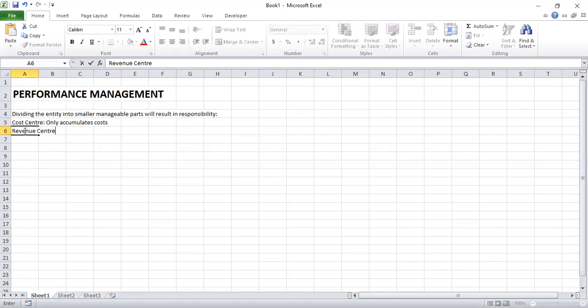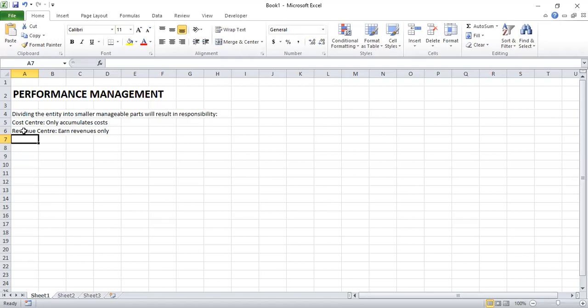Then we've got revenue centers. When we say cost centers, like production, it might just incur cost and nothing else. Then we can also have revenue centers. They earn revenues only, which is very rare. Normally you can have an organization that has a sales department, and maybe the salaries of the sales team are not under the sales department, they are managed by HR.